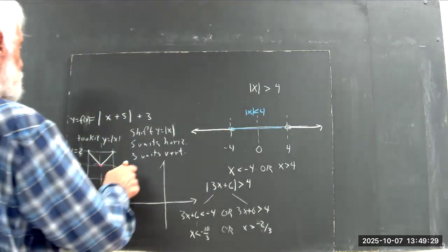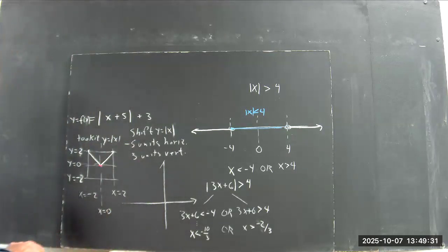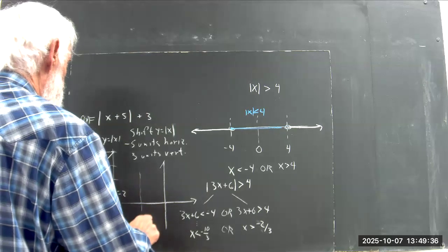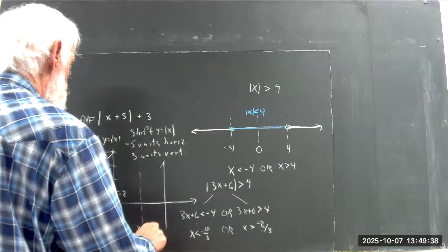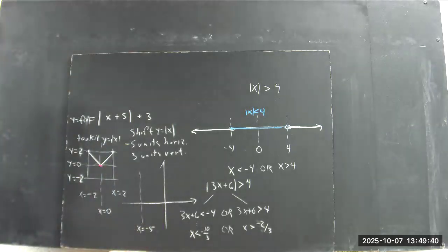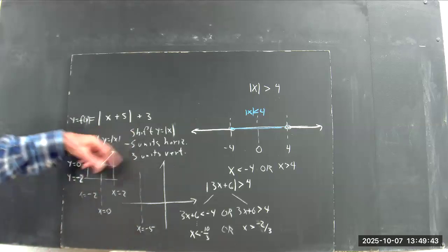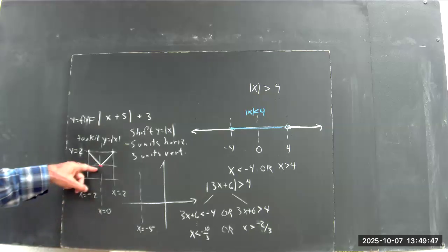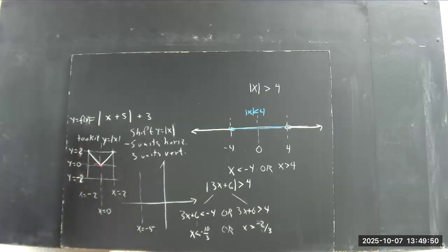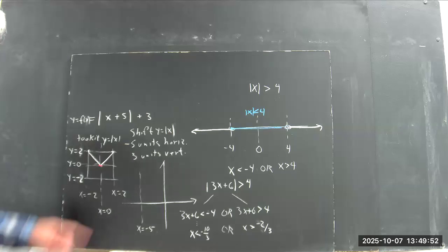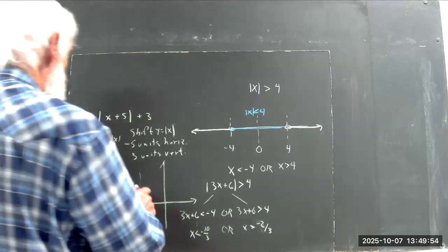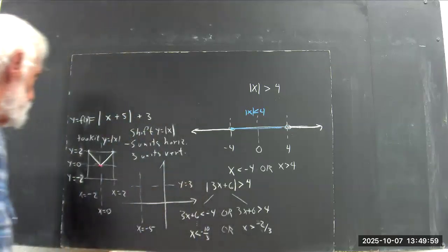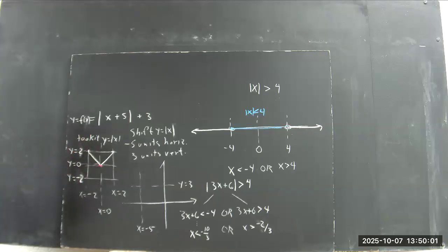We're gonna shift it, I said 5 units, negative 5 units horizontally. So I'm gonna just shift it over here. That's gonna be an axis of symmetry, just like you have an axis of symmetry for a parabola, you got an axis of symmetry for the absolute value function. And then we shift 3 units vertically.